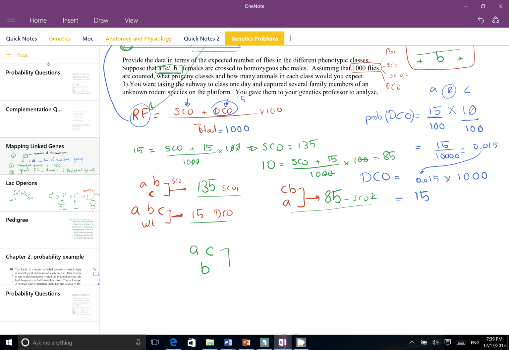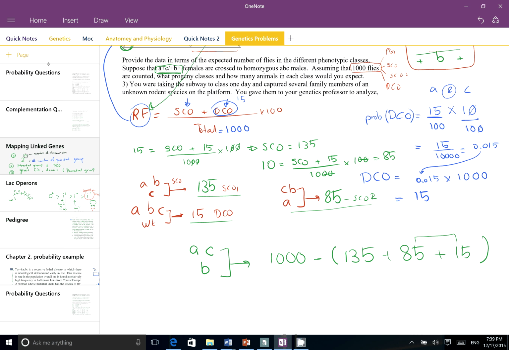So to find the parental groups, it's actually 1,000 subtracted by, what are the two single crossovers I have? 135 plus 85 plus 15, right?